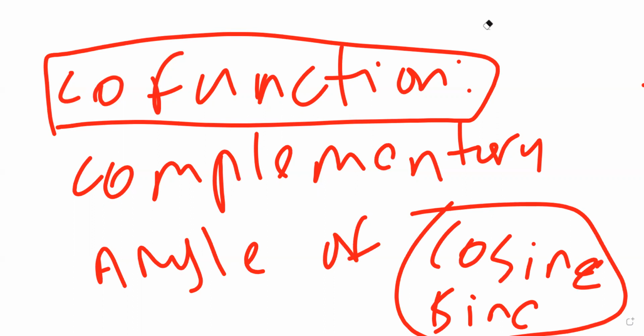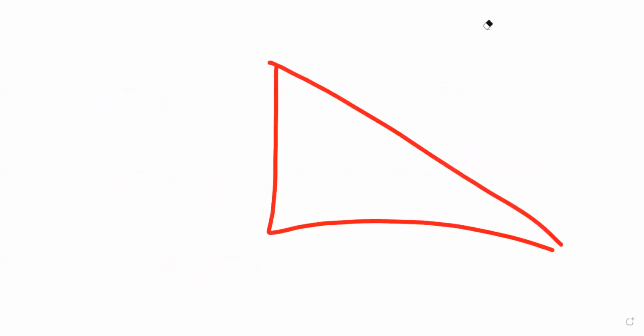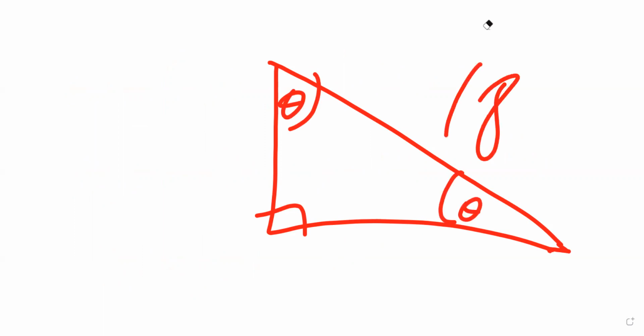Let's go right ahead. Now we have a right triangle like this, and let's try to remember the total degree of a triangle. The total degree of a triangle is 180. Now this angle is 90.